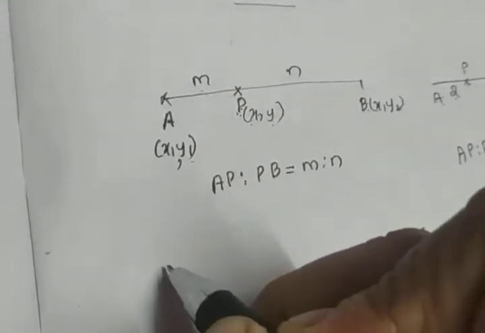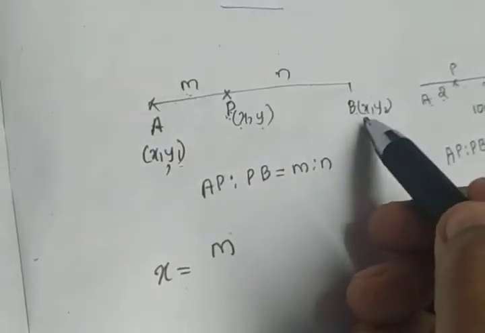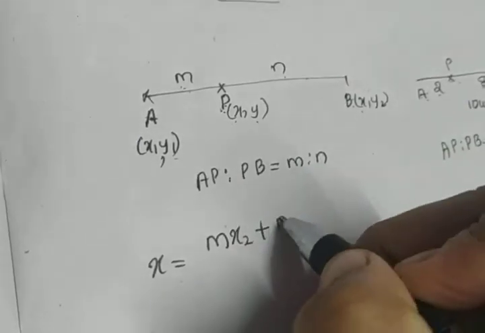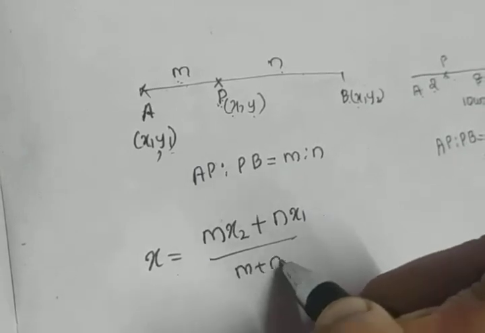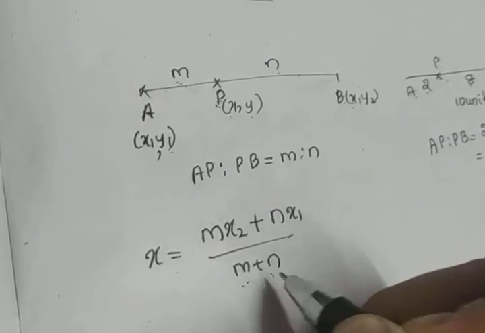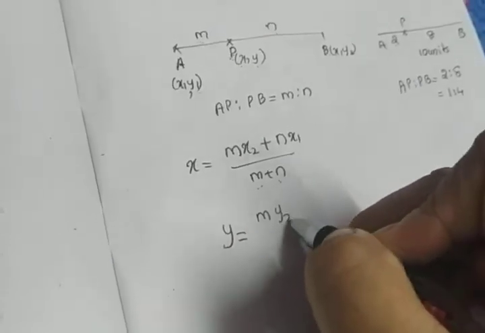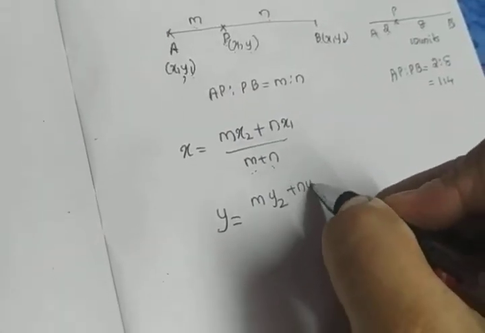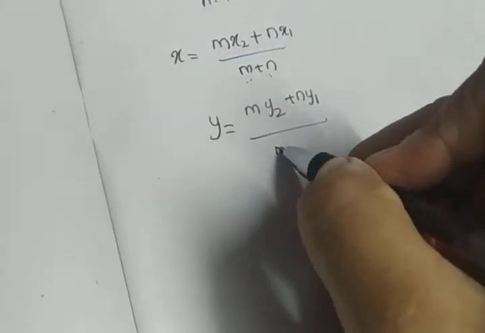The formula is given by x coordinate is equal to m into the second x coordinate x2 plus n into the first x coordinate x1, by m plus n, the sum of the ratio. Similarly, the y coordinate is given by m into y2 plus n into y1, divided by m plus n.